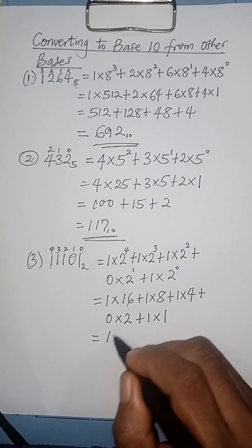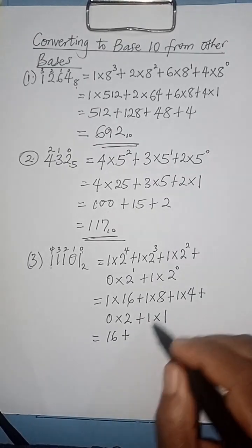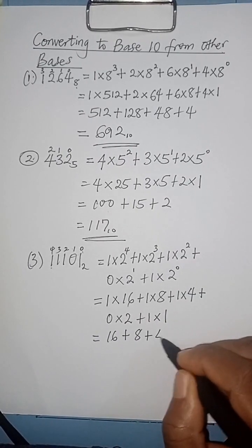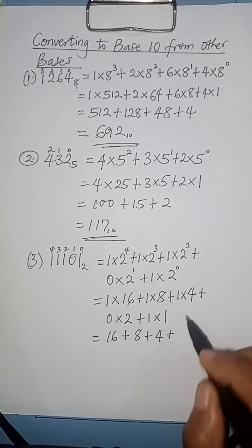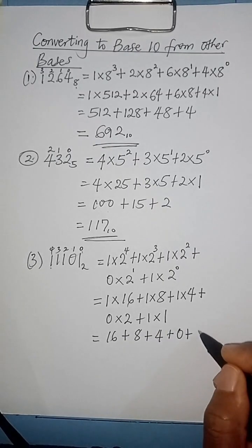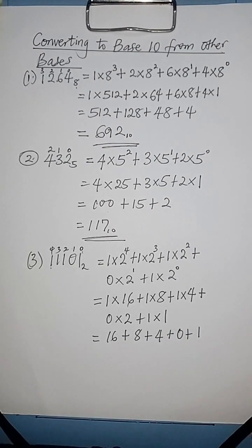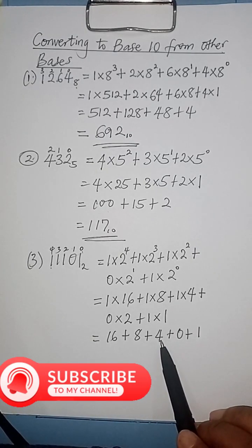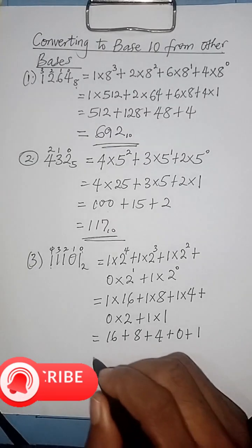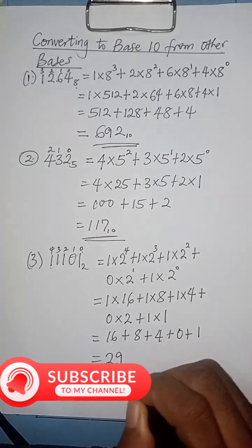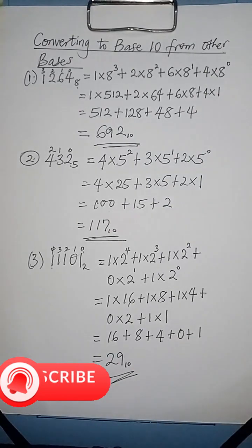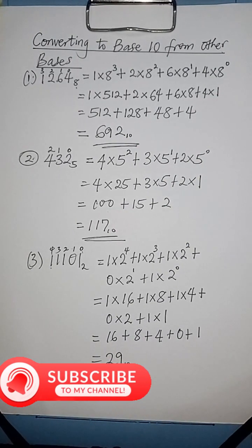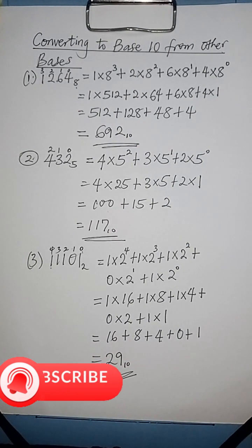So this would be 1 times 16, 1 times 8, 1 times 4, 0 times 2 is 0, and 1 times 1, it's 1. So if you add all of this together, what are you going to have? 16 plus 8 is 24, plus 4, 28, plus 1, that gives you 29 in base 10. So this is how to convert.